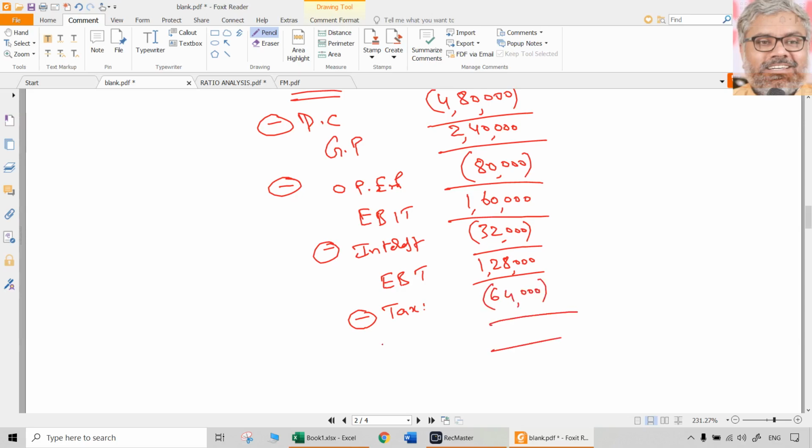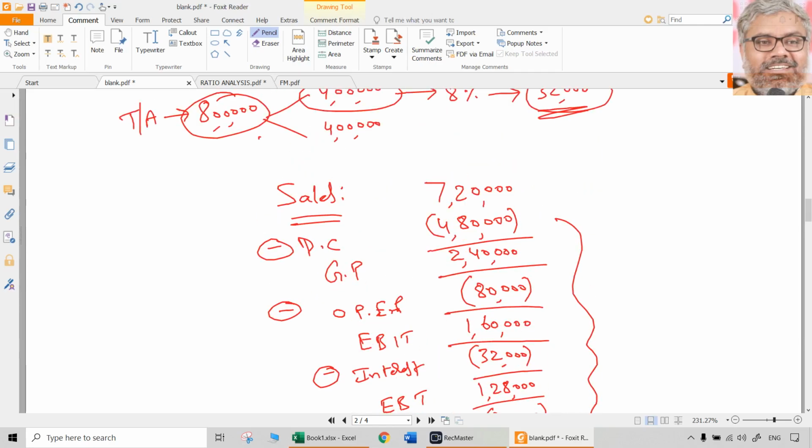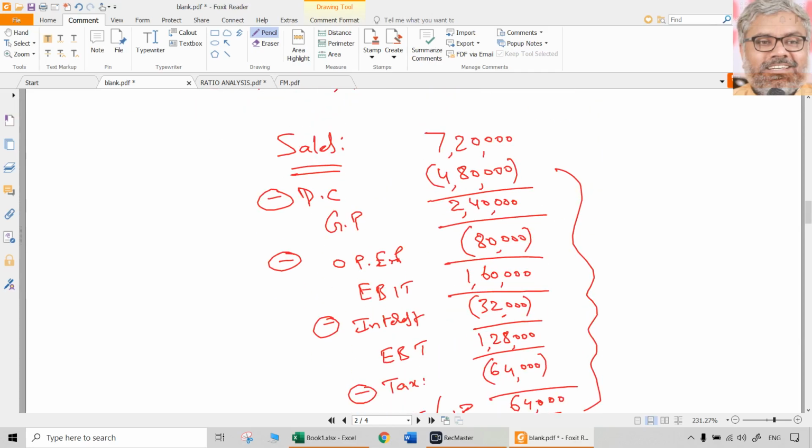So what is going to be the profit after tax or net profit? Net profit is how much? 64,000. Simple. This is first what you have to show clearly. Then only you can have all the other data and other ratios which are all asked in the question to be calculated easily.